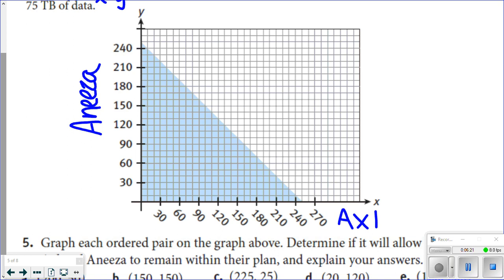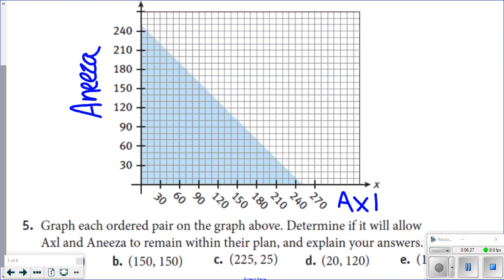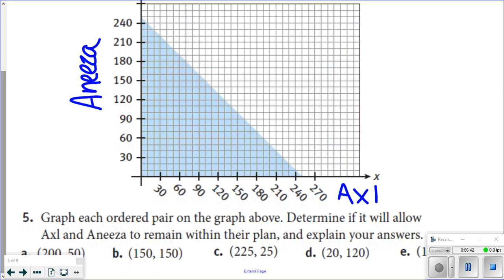In question 5, I know these boxes are really tiny, so good thing you have this in your book in front of you. But we're going to graph each ordered pair and then determine if it allows Axel and Anisa to remain within their plan and explain your answer. So for letter A, it's 250.